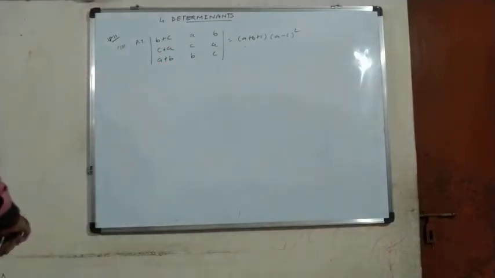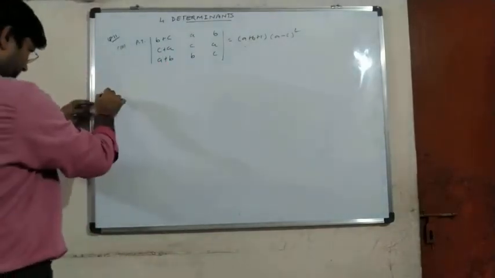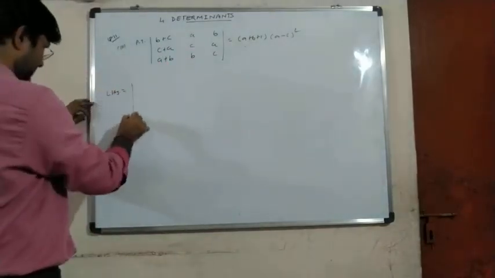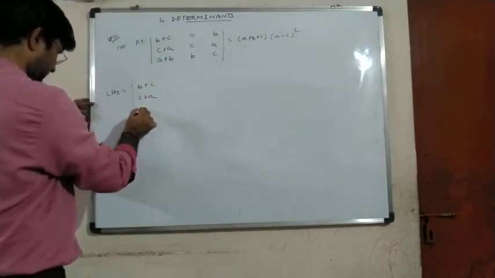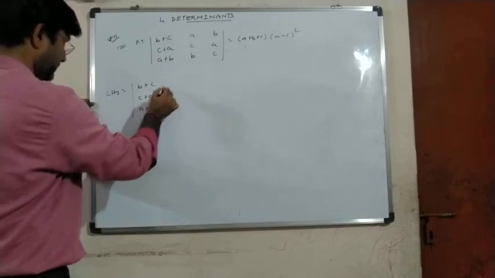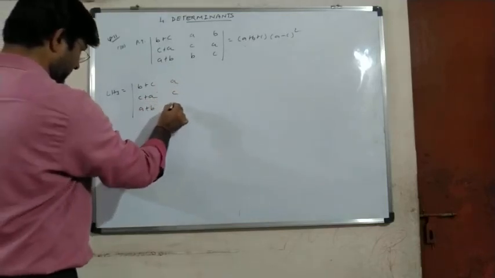Okay, again a simple question. Let us take left hand side. LHS: b plus c, c plus a, a plus b, a, c, b.